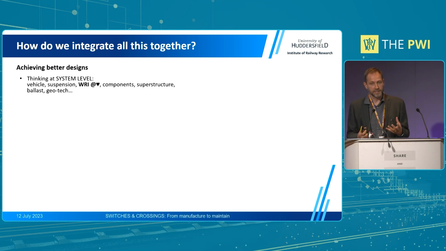But we are looking at a system, so we need to understand the effect of certain vehicles on the system, the effect of speed, the effect of suspension. The wheel-rail interface is at the heart of some of the issues we have, so we need to understand that and try and capture it more realistically. And then that needs to influence what we do about the component superstructure and the design of the support underneath the S&C.